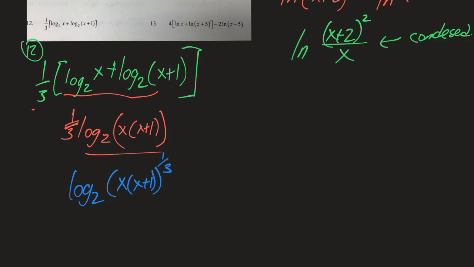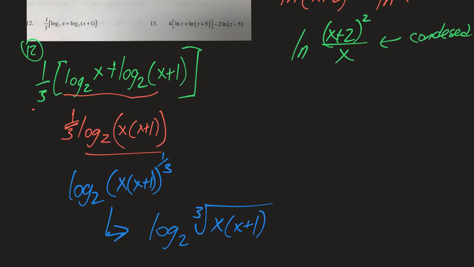Okay. Now, couple of ways we could write this. One of them, we could leave it the way it is. We could also write this as maybe log base 2 of the cube root of (x times (x plus 1)), showing that, hey, we put everything inside of that root.